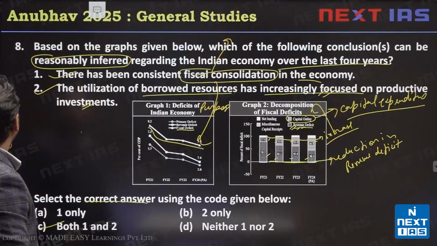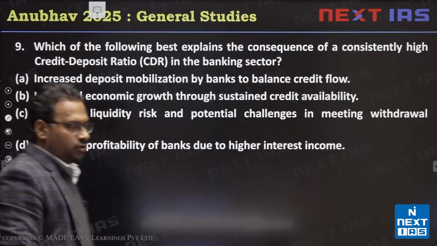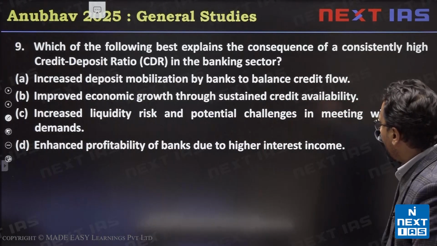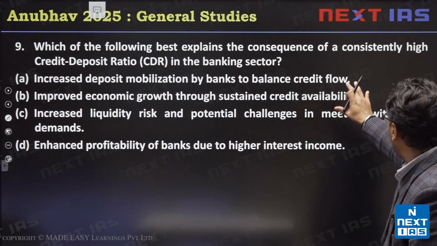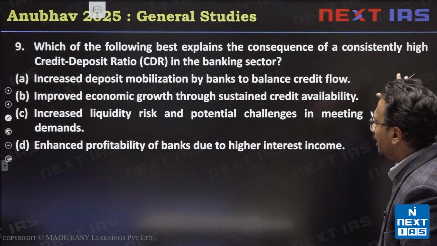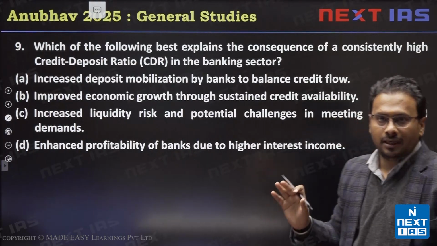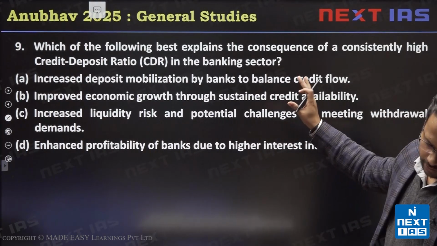Let's move ahead. Now, a deep dive into question number 9. Question number 9 says, which of the following best explains the consequences of a consistently high credit deposit ratio?